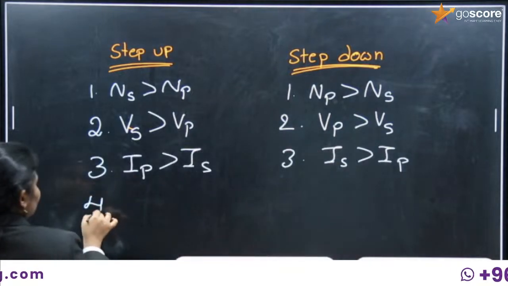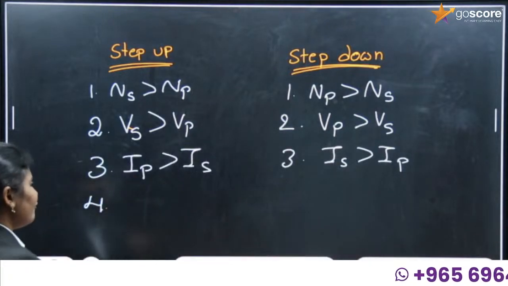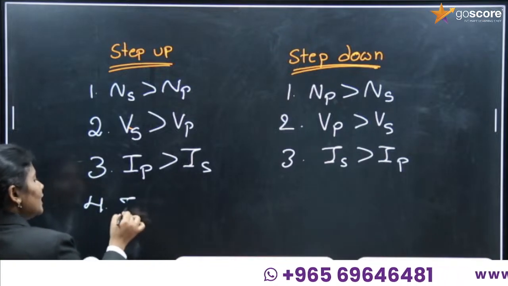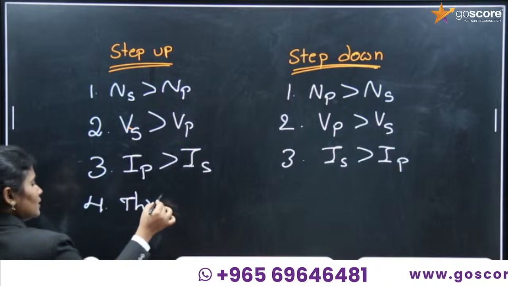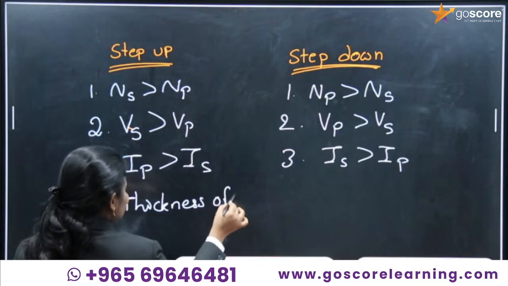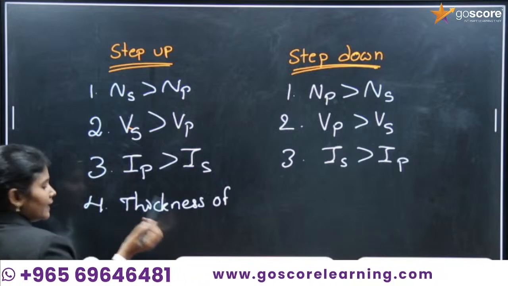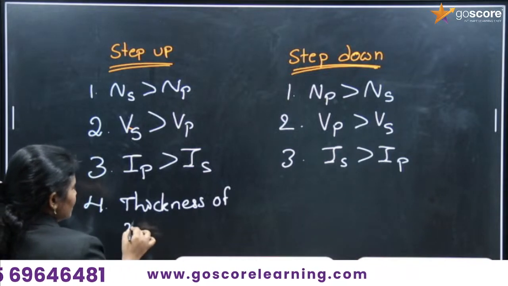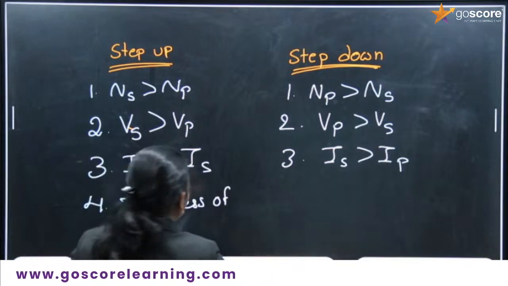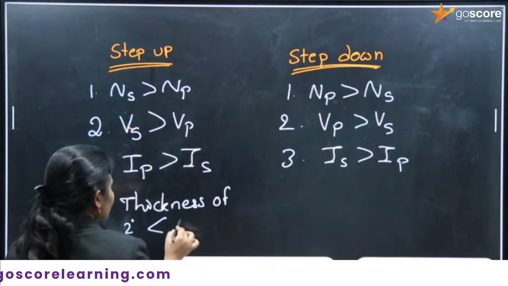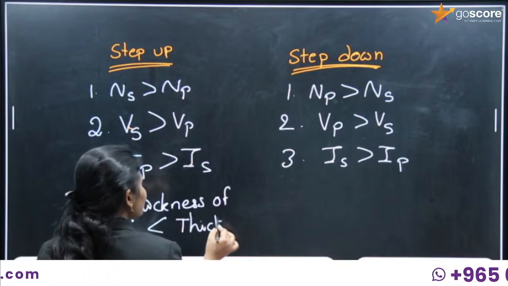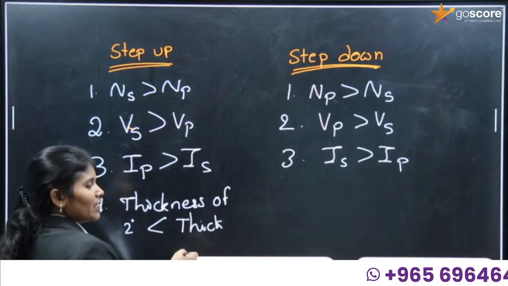Next difference, thickness. Thickness of the second coil, or secondary winding. The thickness of the secondary coil is less than the thickness of the first coil. If thickness is more, the resistance is less and the current will be more.